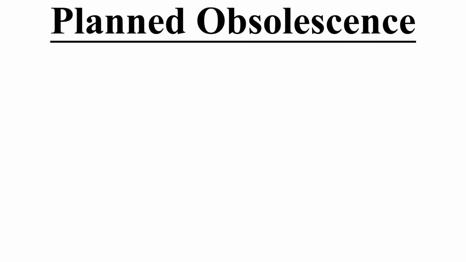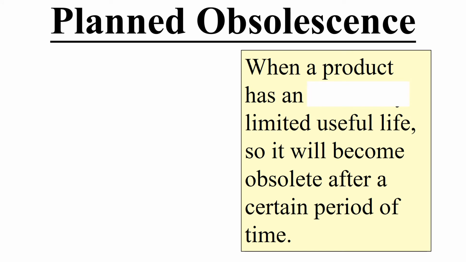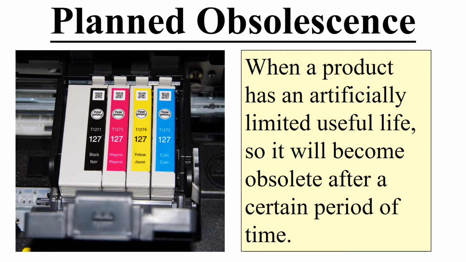Planned obsolescence is when you've got a product that has an artificially limited useful life, and that means it will become obsolete after a certain period of time. The kind of famous example is light bulbs. The more modern light bulbs do tend to last longer, but light bulbs were planned to need to be replaced.